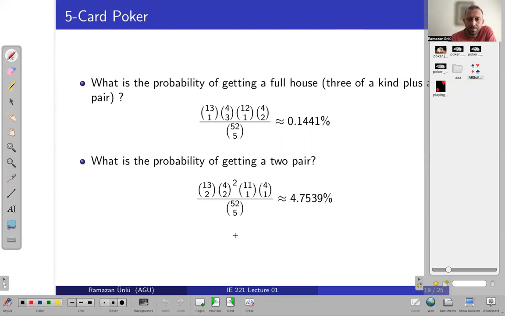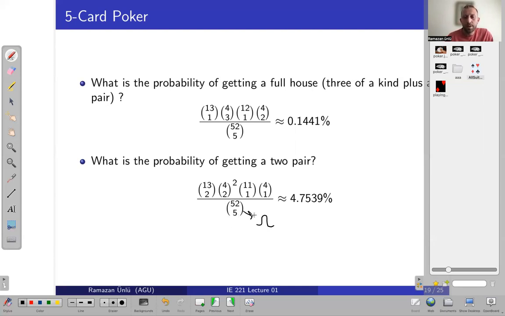In this case, again, I will create the mix of 5 cards. This part is again my omega, and the result of this calculation shows us how many different mixes of 5 cards there are.